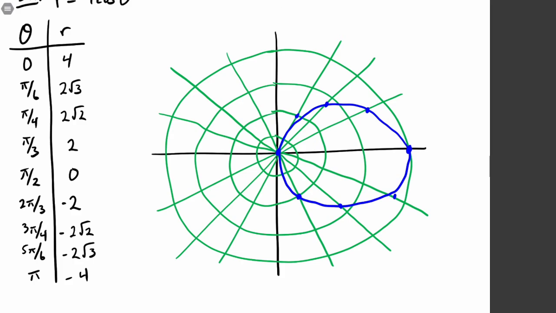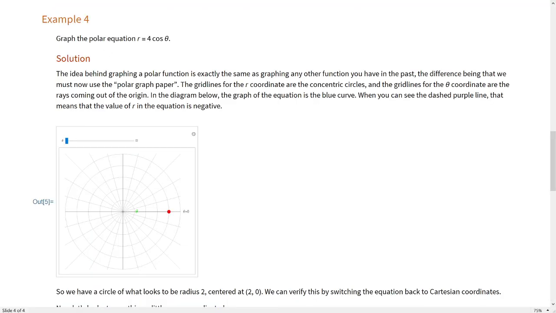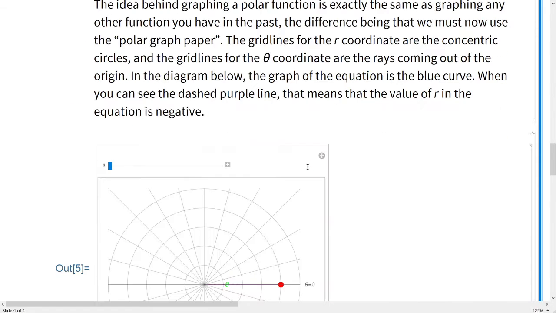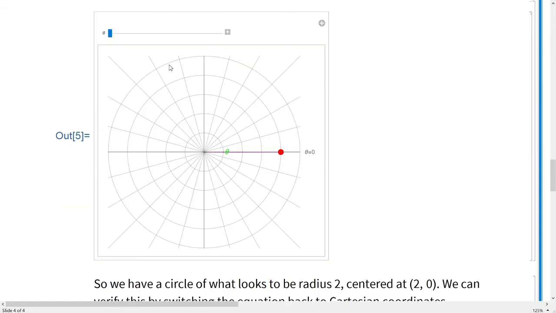I want to show you, if we're not doing this by hand, we can see this a bit nicer. So here is, zoom in on that a bit. This is going to graph that equation.